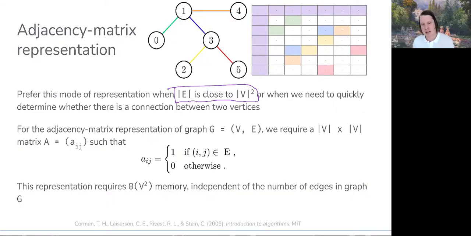This representation is going to require V squared memory, and that's independent of the number of edges in our graph G, because we're representing both the edges that exist as well as the edges that don't exist between any given set of vertices within our graph G.